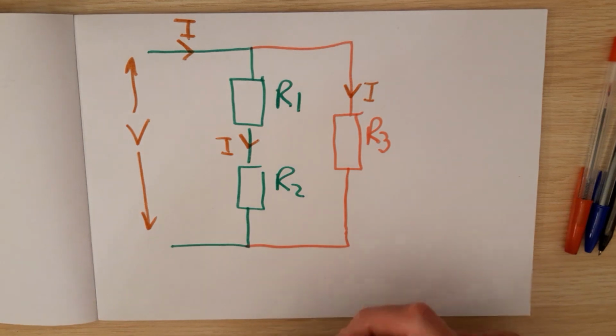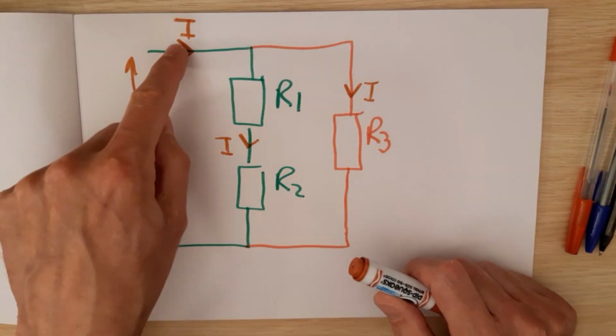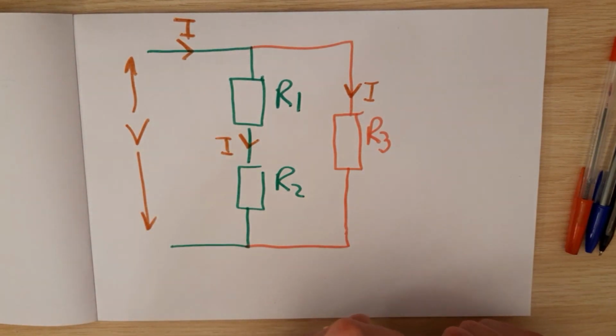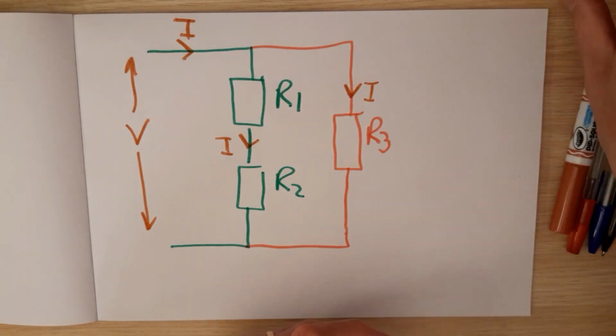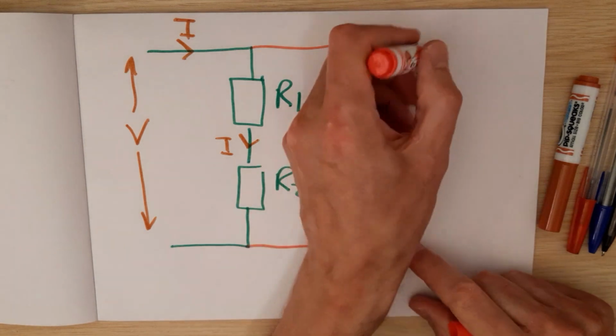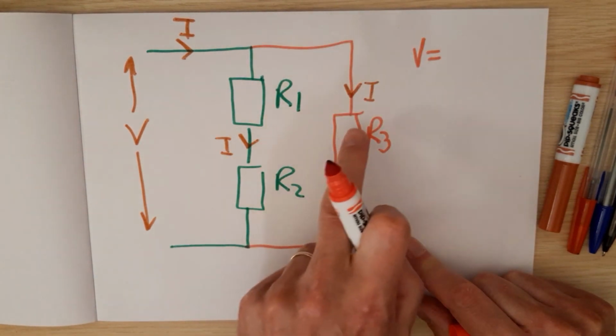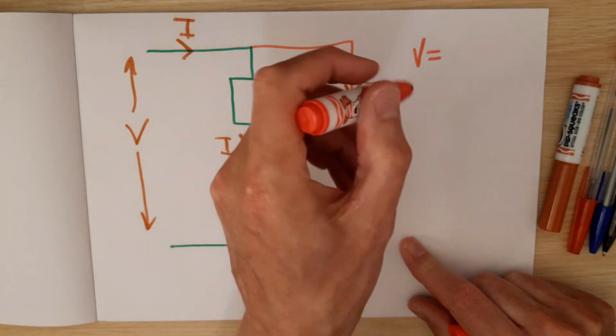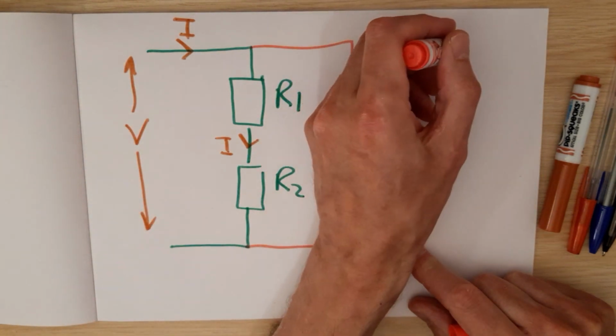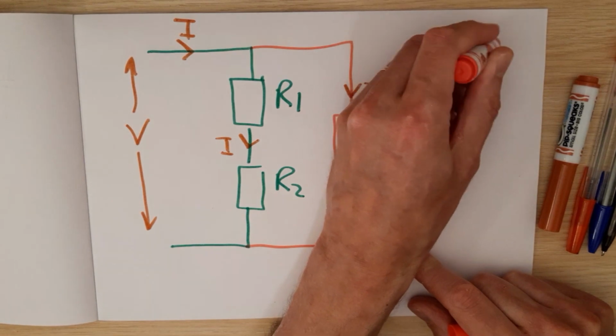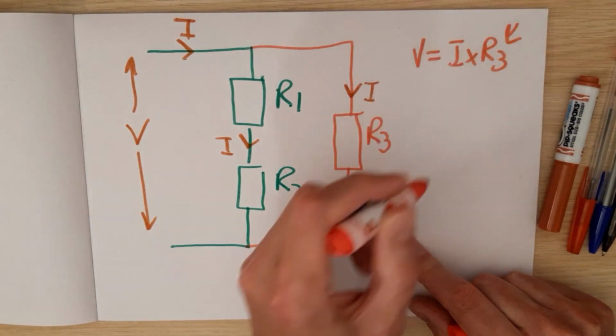So we know V equals IR. So V, that's this total voltage, equals I times R3. That's what we're after.